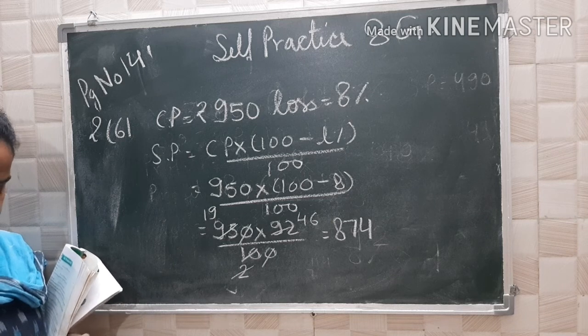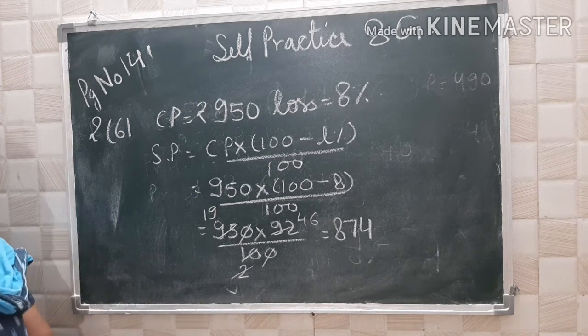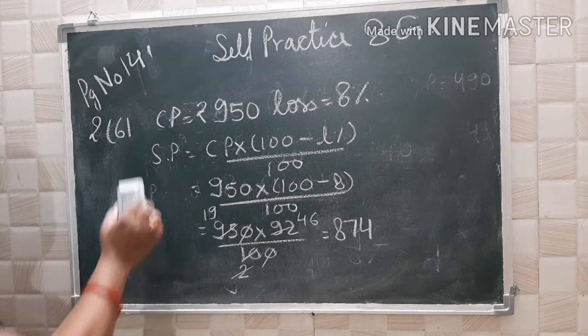Clear? So you will have rupees 874 as SP. Now see the C part of it.